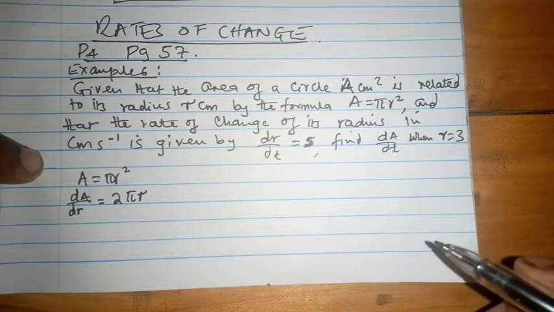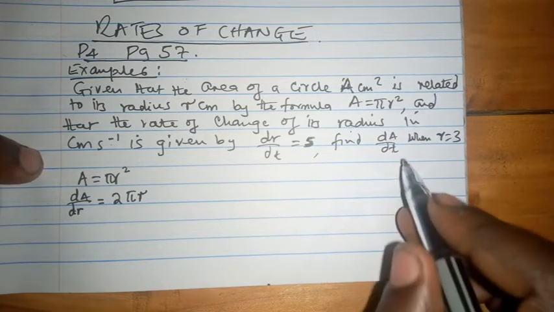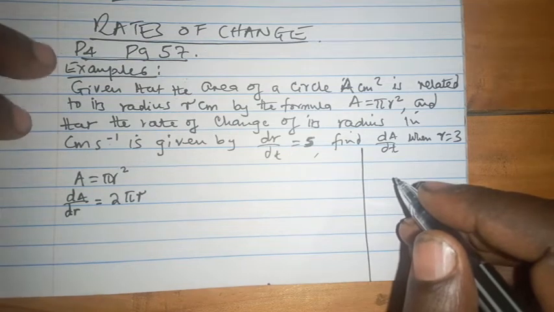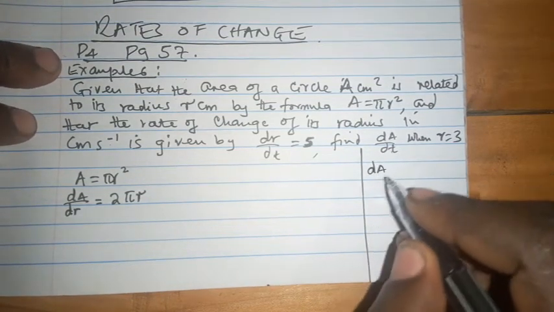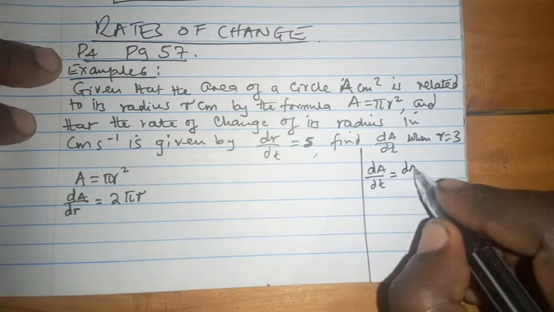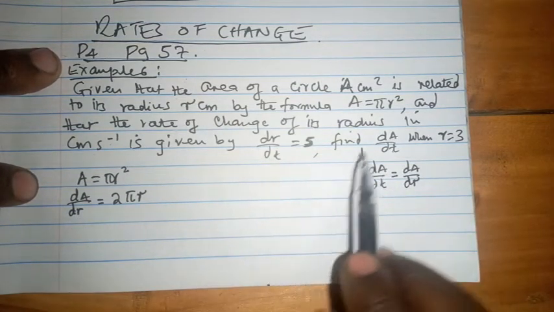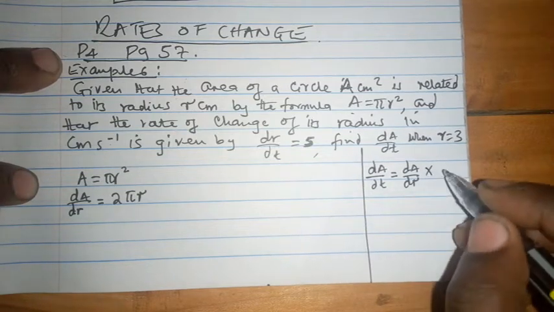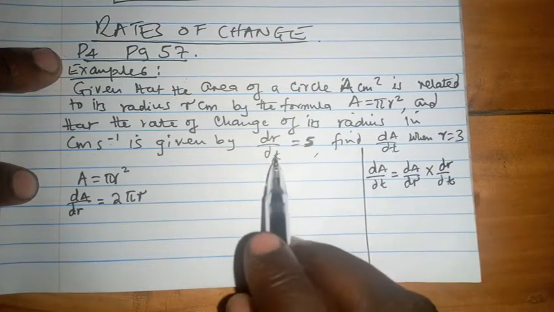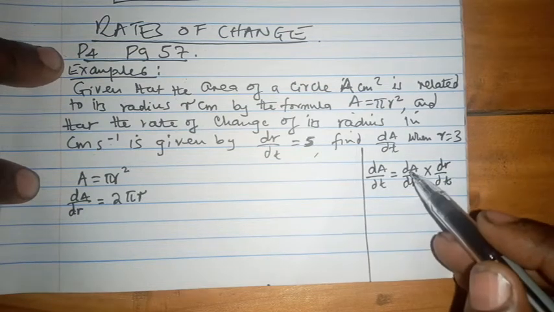That is dA dr. And because we are supposed to calculate dA dt, it is very clear that dA dt is going to be dA dr, which we can have easily according to this equation, times dr dt. And of course dr dt is given such that dr will cancel out with dr and you will be left with dA dt.